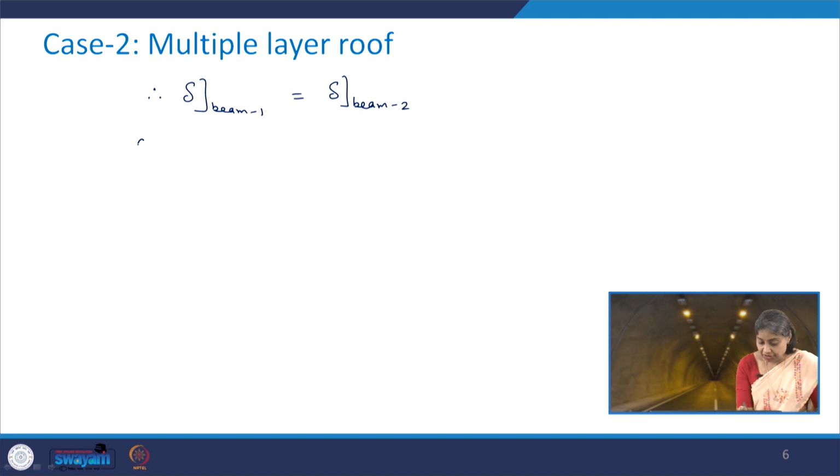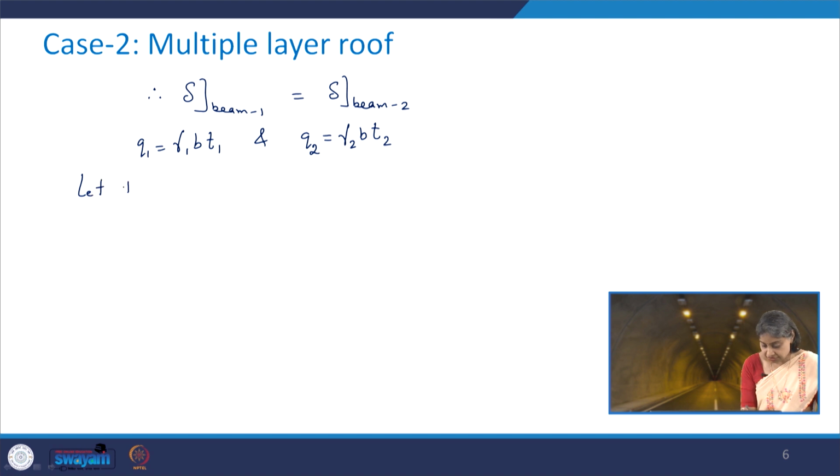Now, we have Q1 as gamma 1 B into T1, and we have Q2, which is the self weight of the upper beam, that will be gamma 2 B into T2. They may have different thicknesses and different unit weight, but the width is going to be the same as per the assumption. Now, let us say that the additional load is delta Q.